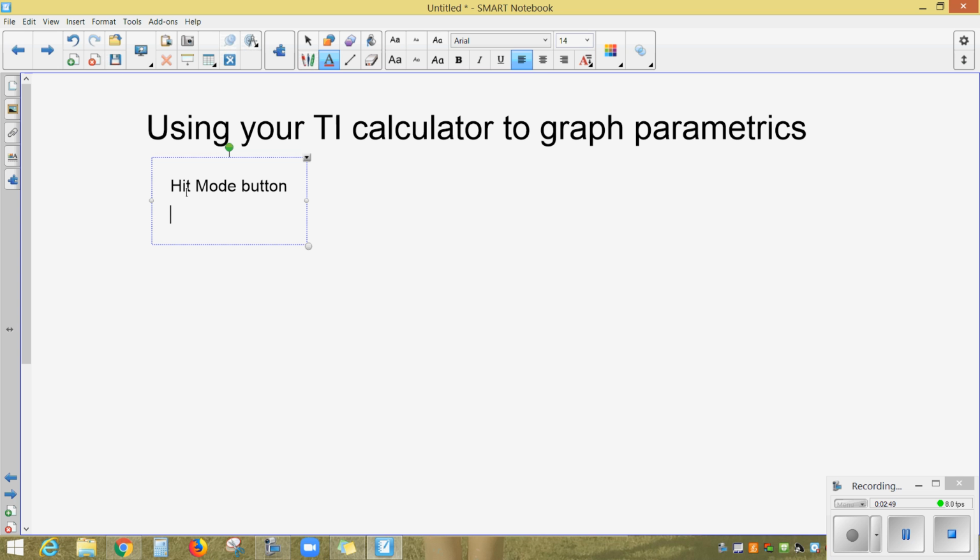If you go down there and slide over one to the right, it's all in capitals, but you'll hit PAR for parametric and hit your enter button. Choose PAR, hit enter, so it selects it. Then you can go out of there. You can press second function quit to get out.